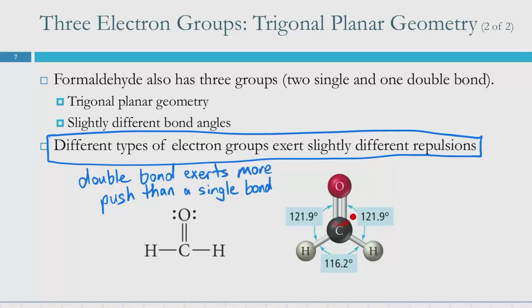So the 4 electrons that are in the double bond push on these bonds between the carbon and the hydrogen, these single bonds, and that causes them to deflect a little bit. So rather than having a true 120 degrees, it's a little bit wider between the double bond and the single bond to make a little bit more space because of the extra electron pair that we have in our double bond. And so the single bond angle compresses a little bit.